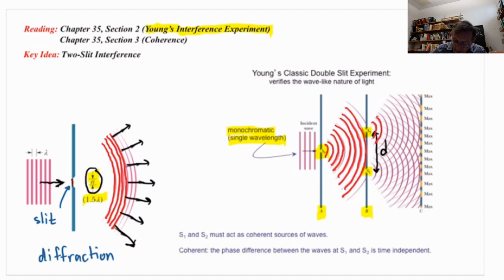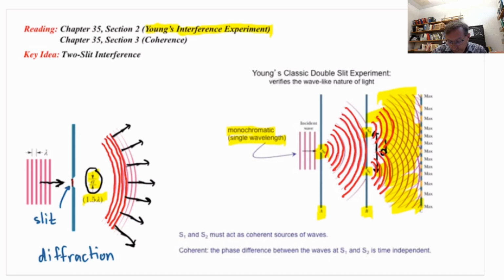So we have these spherical wavelets from S2 and these spherical wavelets that have diffracted through S1. And so now, at all points over here, to the right of those two slits, we have two light waves propagating outward.